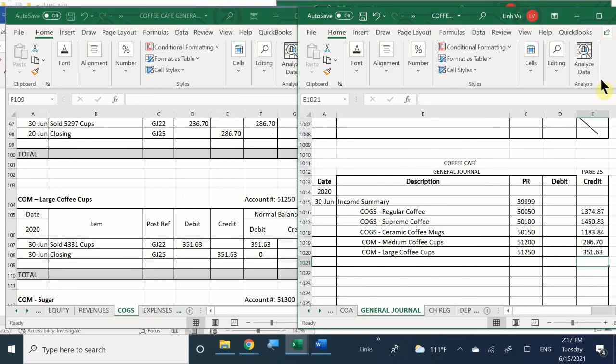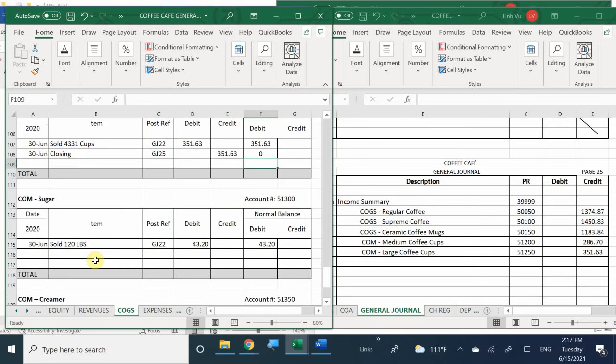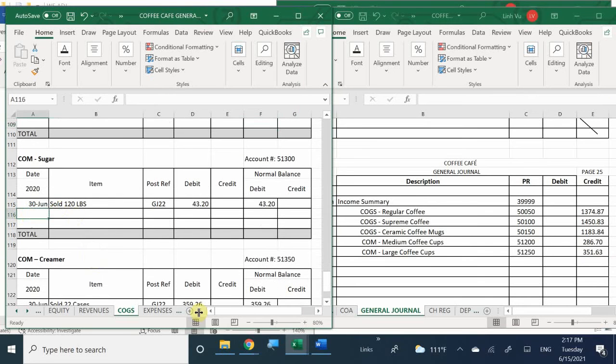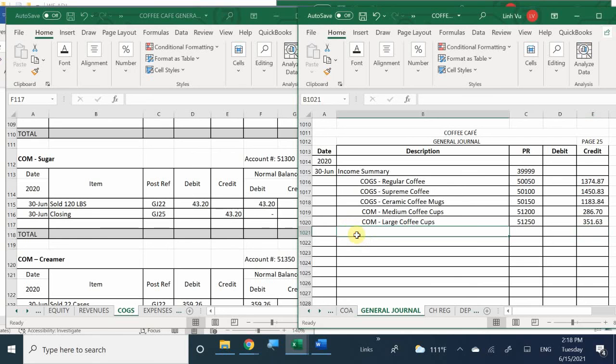$35,163. Okay. Next we have custom materials for the sugar, for a total of $43.20.